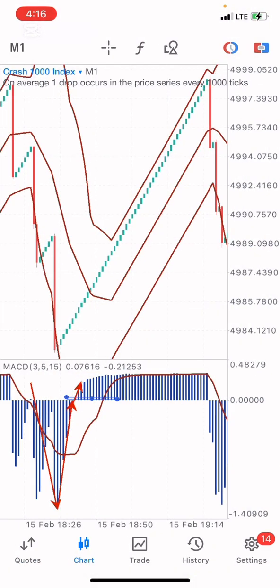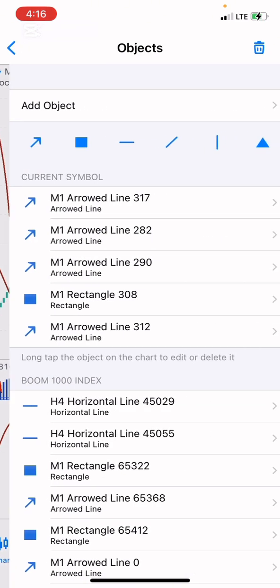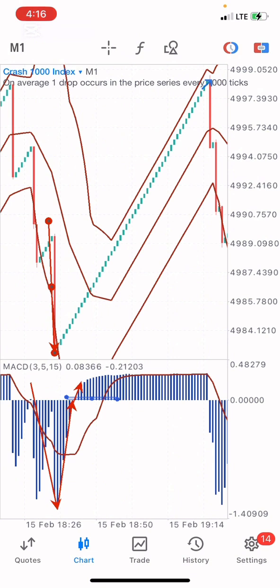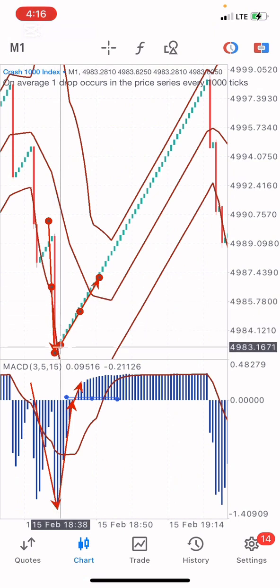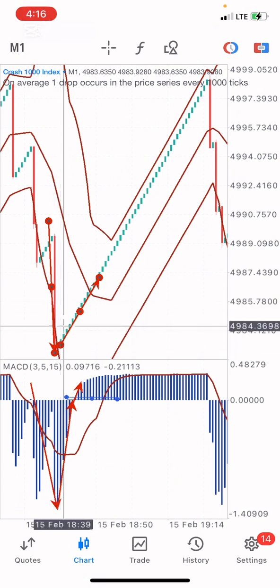And then on your main window you want to see that price had spiked at that very moment and then started pushing upwards again into the middle band.